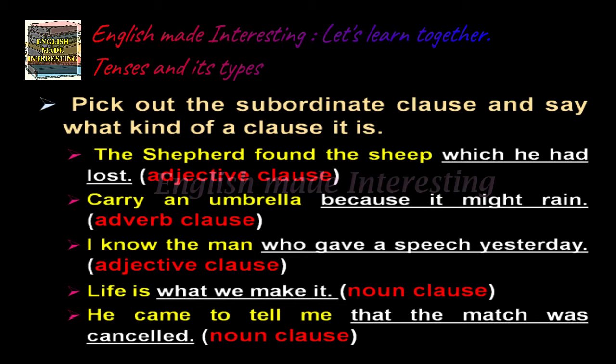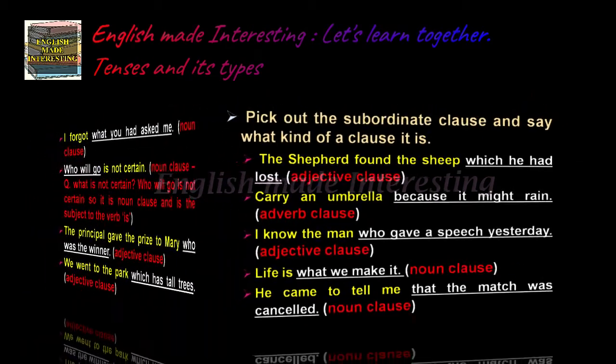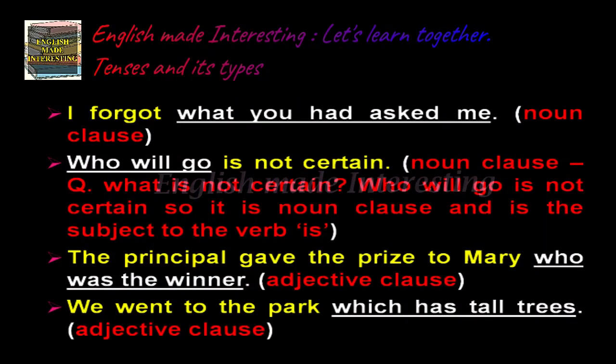He came to tell me that the match was cancelled. That the match was cancelled is a clause, and it is a noun clause. Next sentence, I forgot what you had asked me. What you had asked me is the clause, and it is a noun clause.